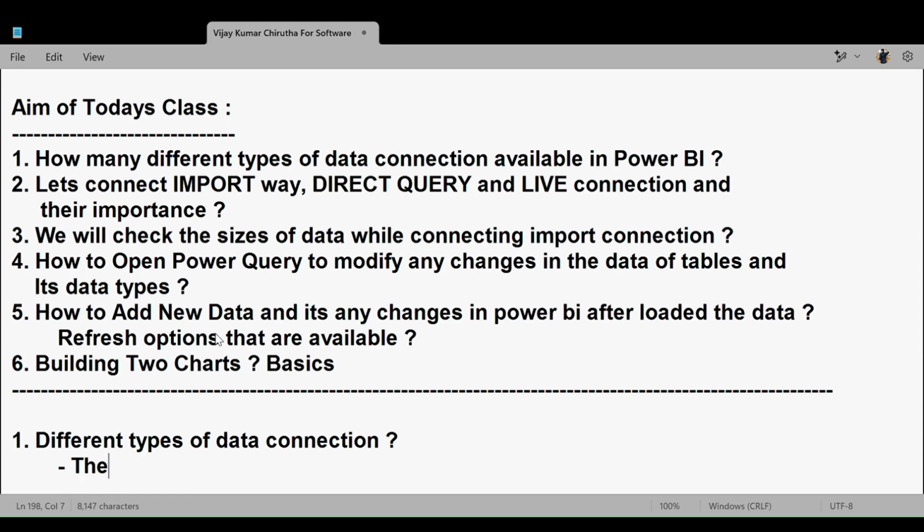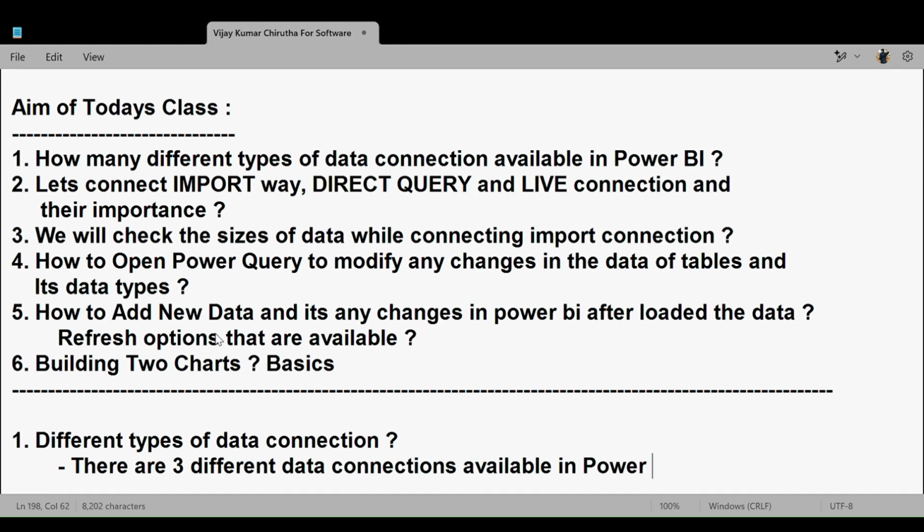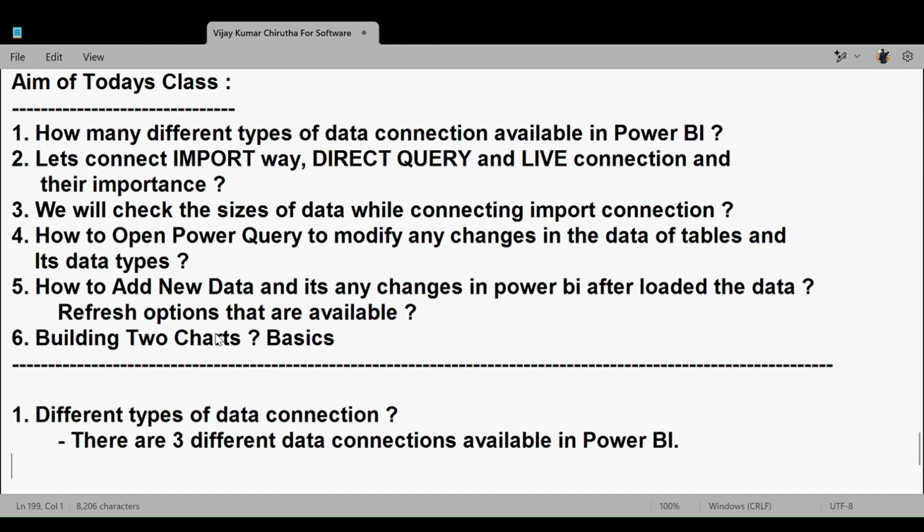Here there are three different data connections available in Power BI. So total three connections. Let's see one by one.